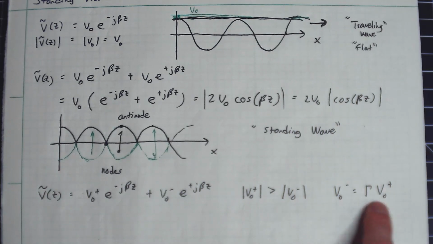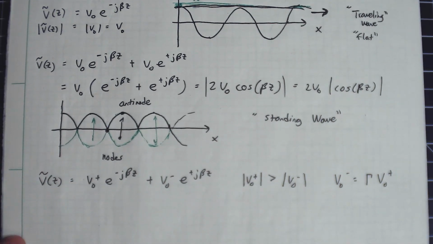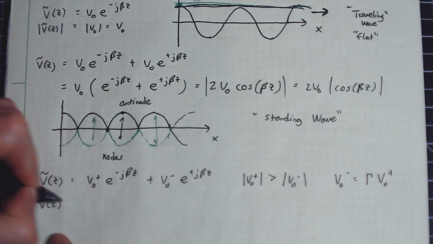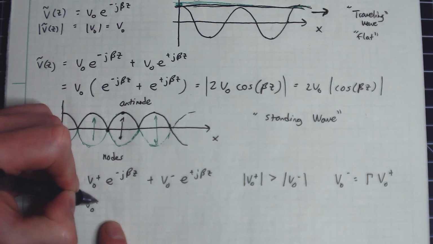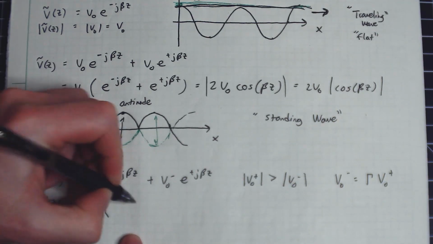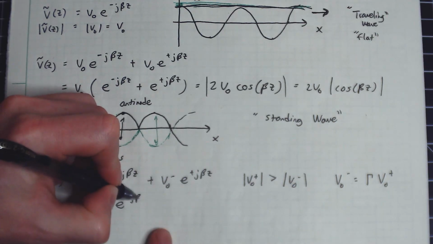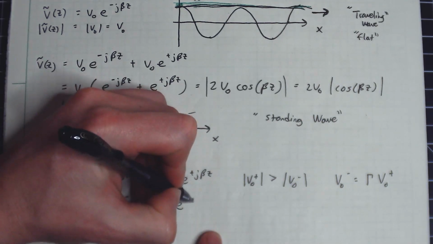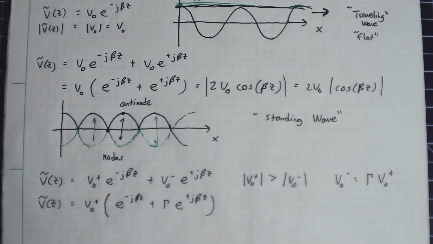So it's very common to assume there's some reflection coefficient. So what I'm going to get is the following: V of z is equal to V naught plus times the quantity e to the minus j beta z plus gamma e to the plus j beta z.